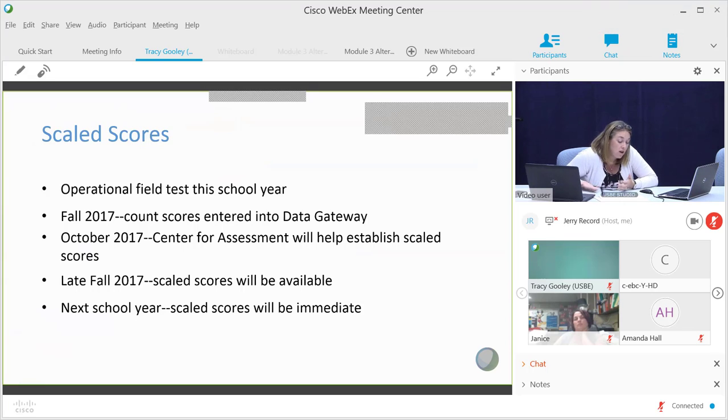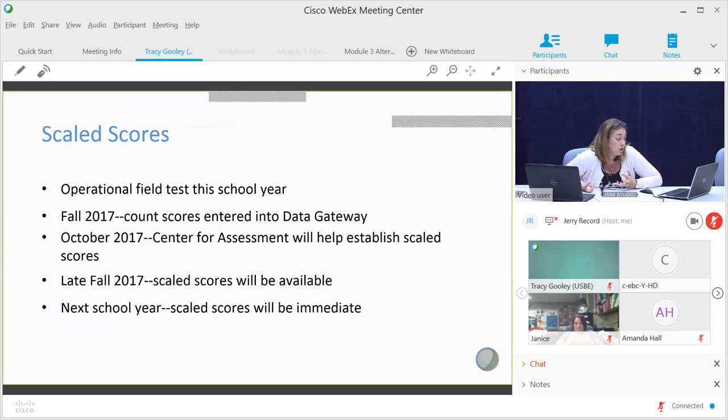Okay. And with this rubric, one of the things we were just talking about is it's possible that the Center of Assessment may come back and say, we look at the data that you guys have put in and maybe at the beginning of the year we don't expect students to be able to do all of these skill sets. Maybe we only expect them to do X, Y, Z, and that would be considered proficient at the beginning of the school year. So we're not quite sure what any of this means.